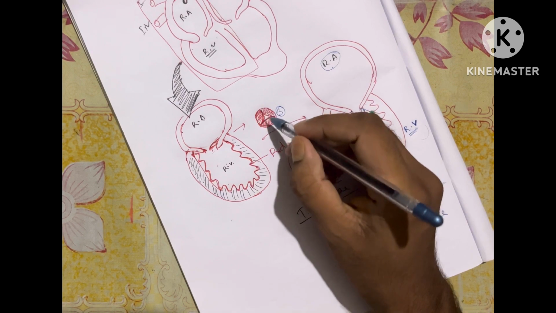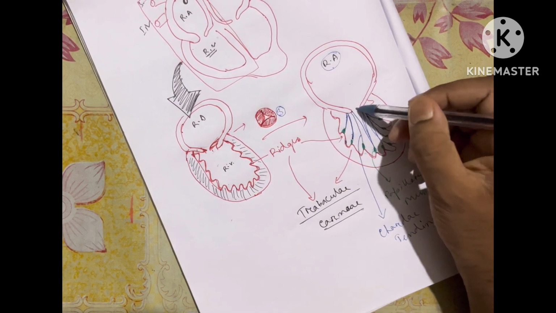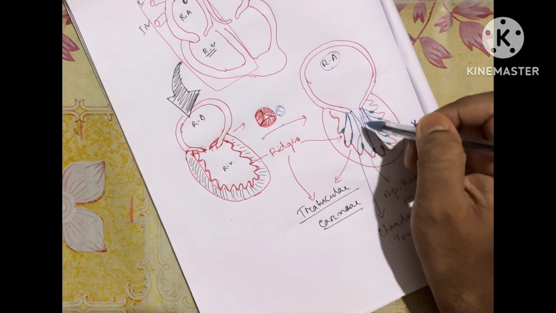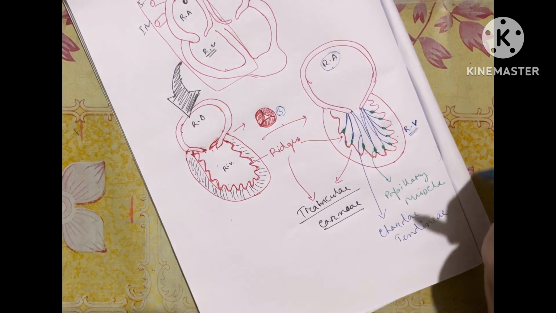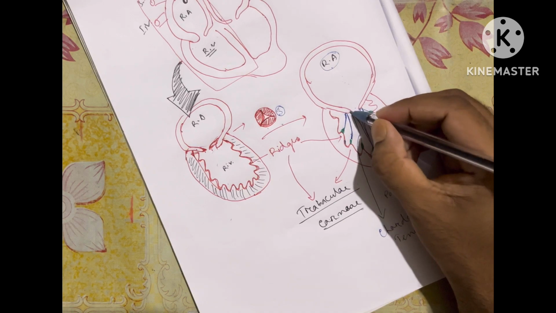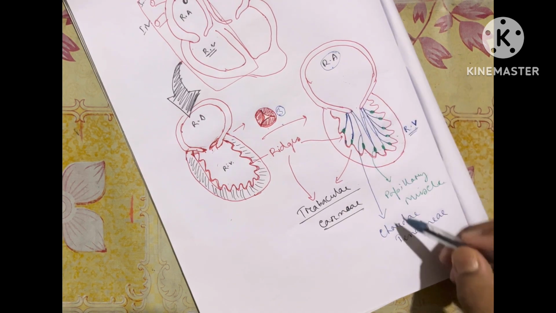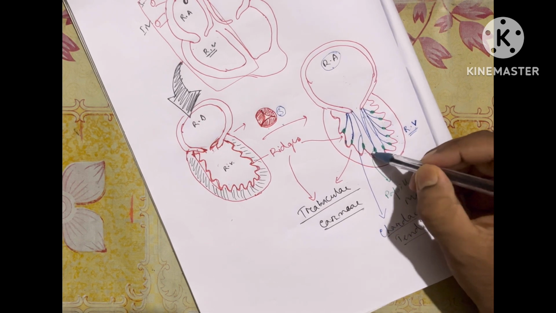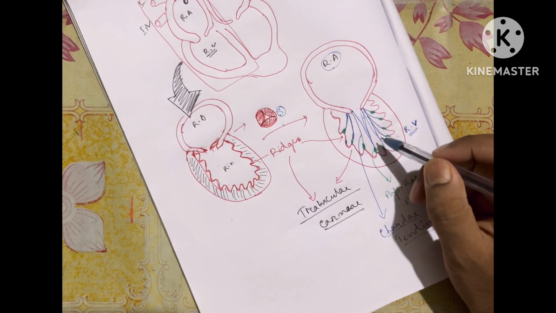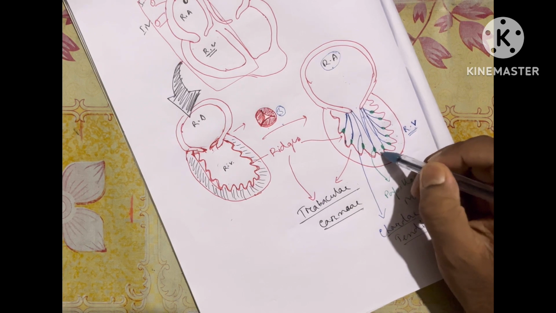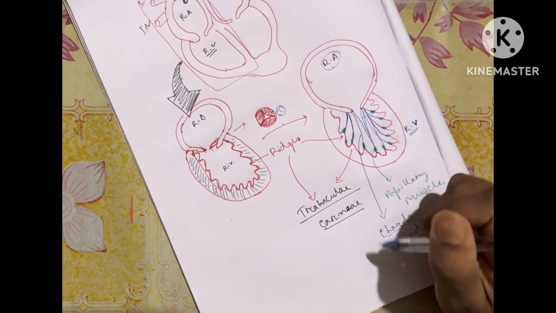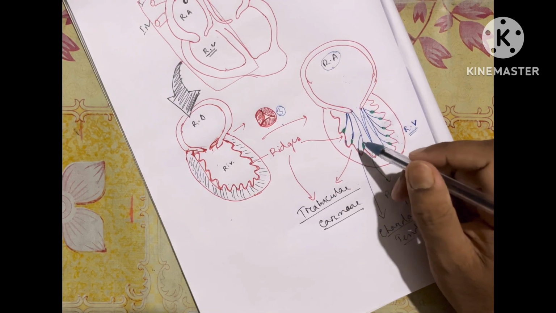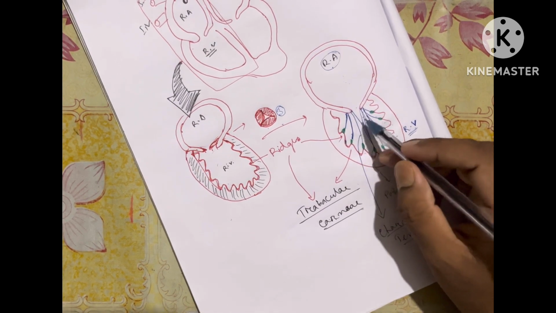That tricuspid valve is present between our right atrium and right ventricle. With the help of chordae tendinae, it is attached to the papillary muscle, and the papillary muscle is present exactly at the top of our chordae tendinae. So this is the basic anatomy.